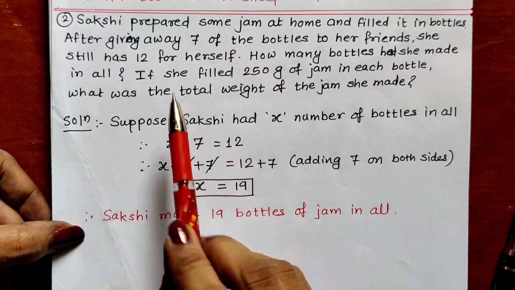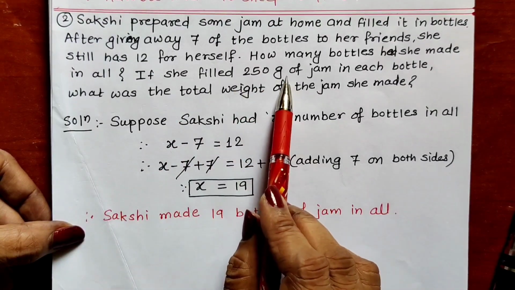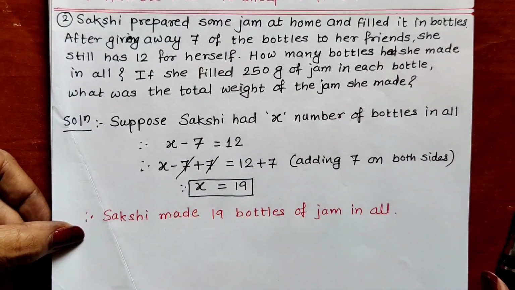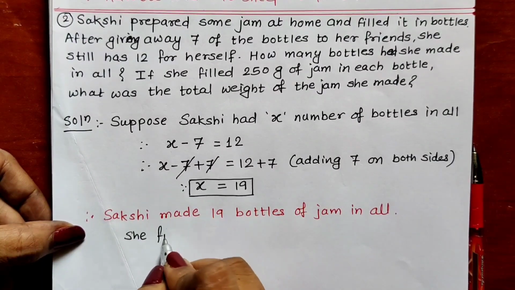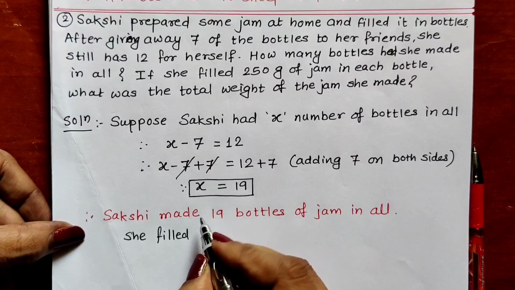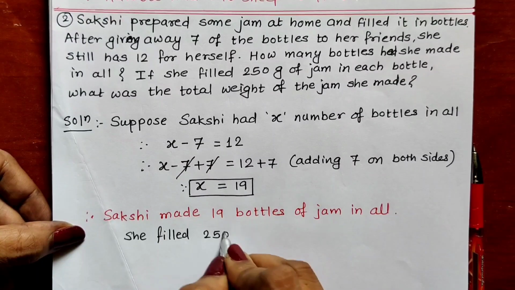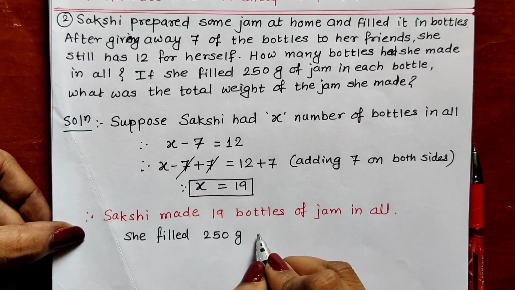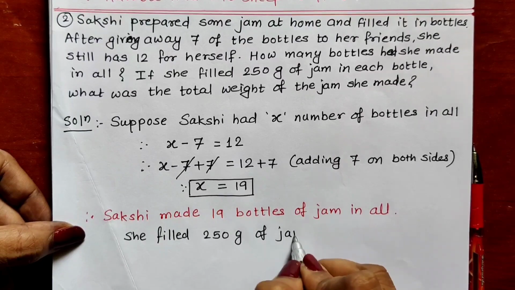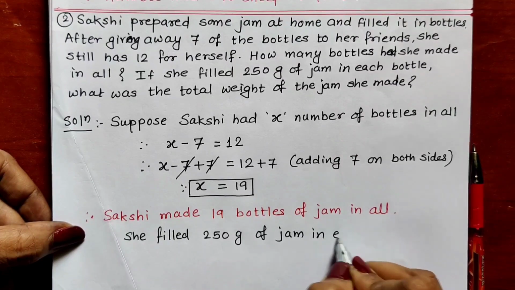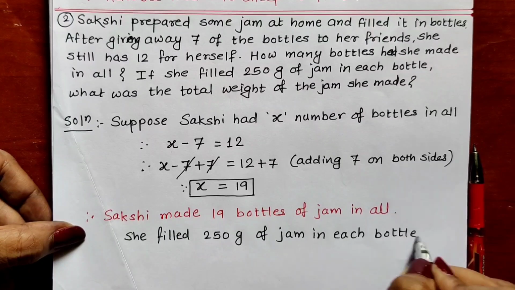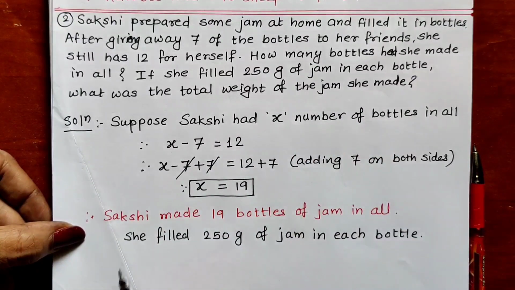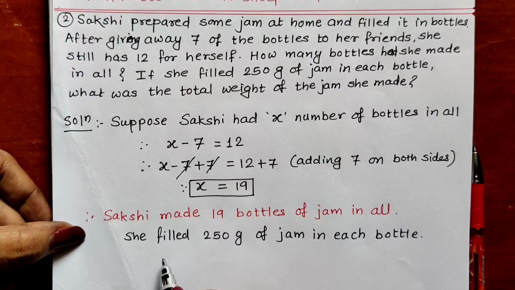Okay, now next is she filled 250 gram of jam in each bottle. So write, she filled 250 gram of jam in each bottle. So what was the total weight of jam? How many bottles are there?